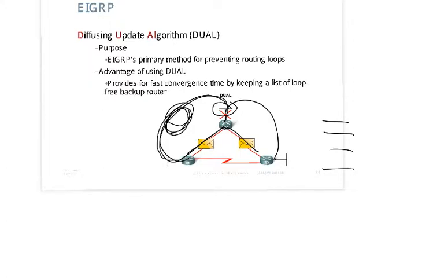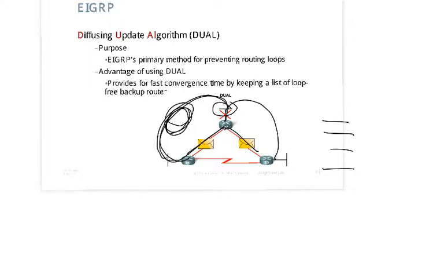Of course, the details about how the DUAL algorithm works are out of scope of this course. It's discussed more in CCNP and some advanced topics. But what we need to know here is that the DUAL algorithm allows EIGRP to maintain multiple loop-free routes to a specific network.